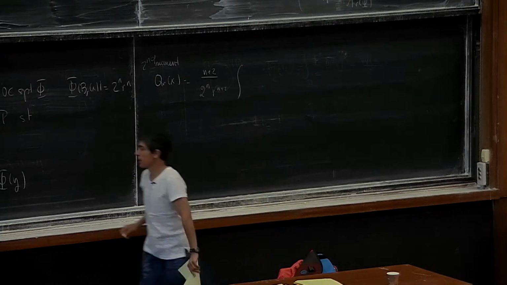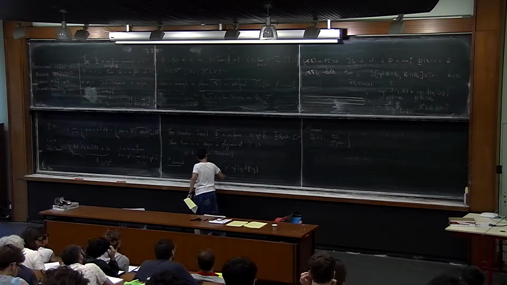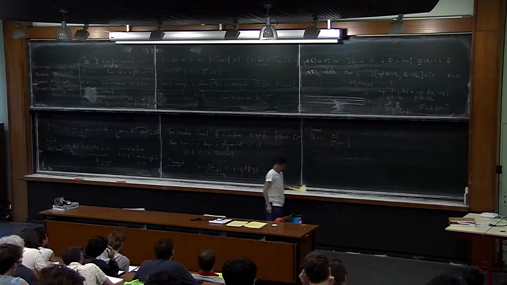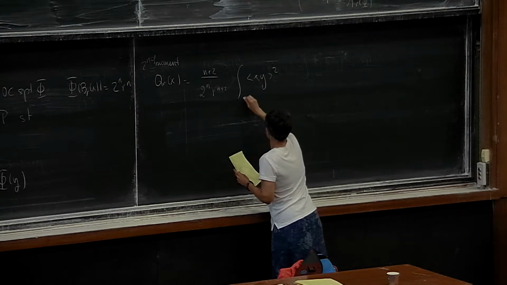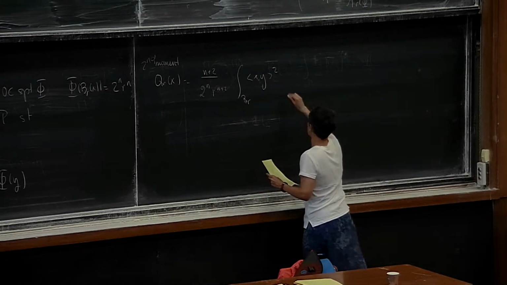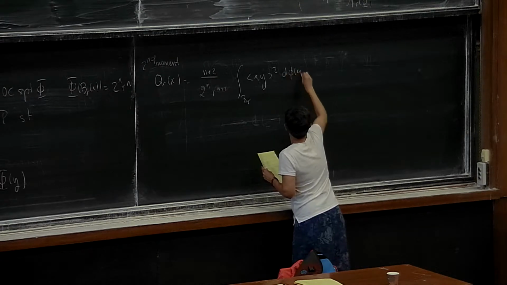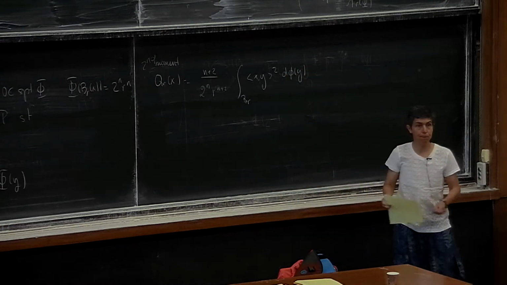No, this has to be a 2. The integral over B_r of ⟨x, y⟩ squared d phi of y. Okay?